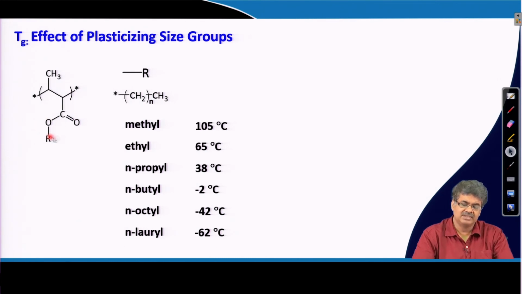Now, this is for the contribution from free plasticizing groups or increasing the free volume. In this case, methacrylates, if we increase the size of this R group, it becomes more flexible, and as a result the free volume increases, and as the free volume increases, the Tg comes down.